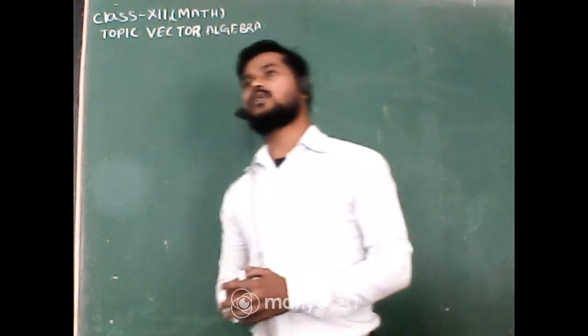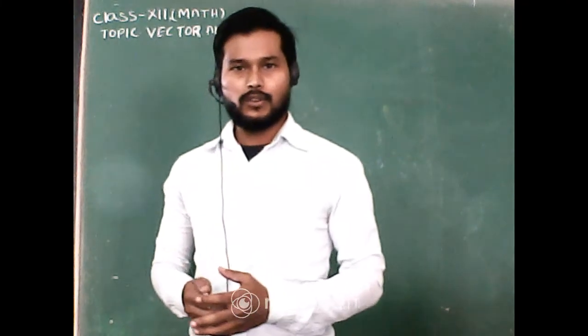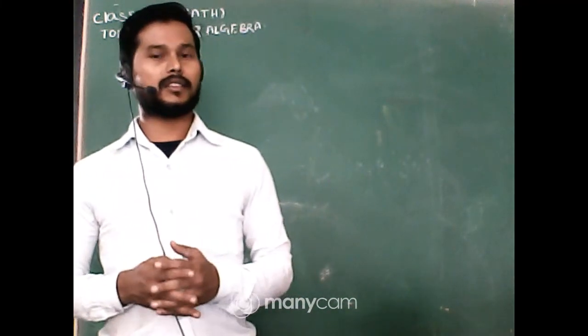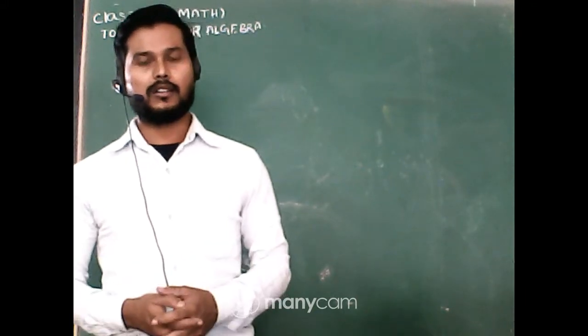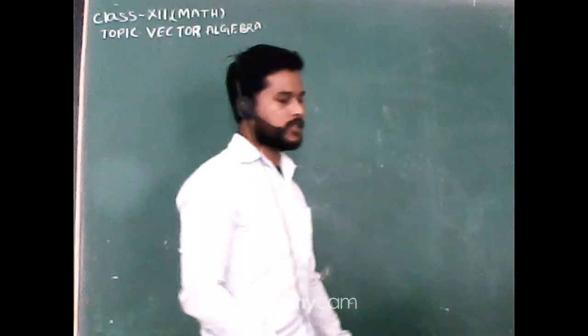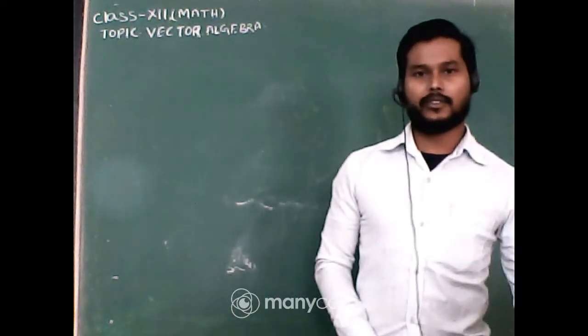And what is a vector quantity? The quantity which has magnitude as well as direction is called a vector quantity. Let's give a few examples of scalar quantity and vector quantity.